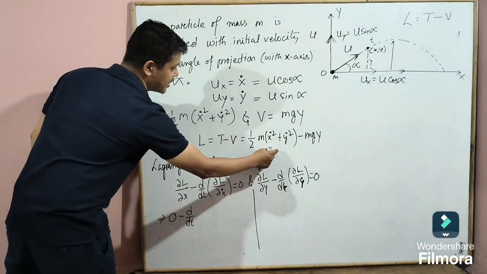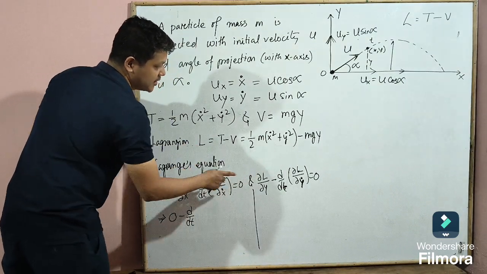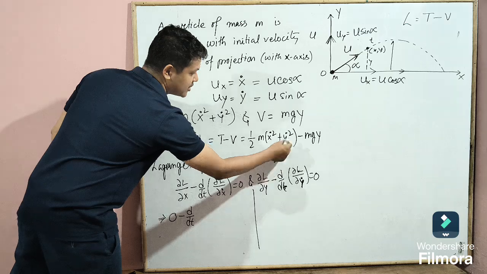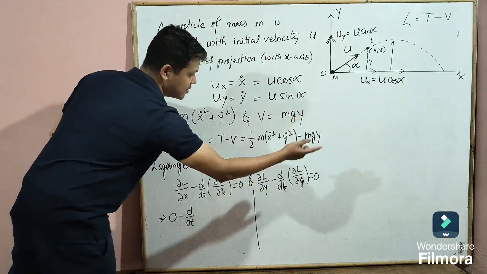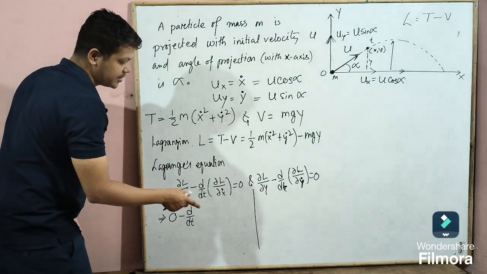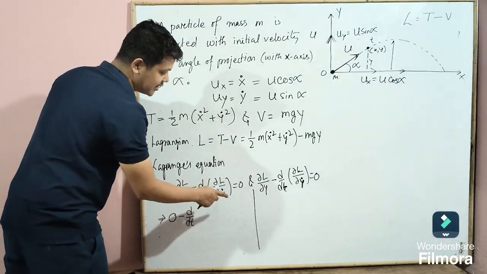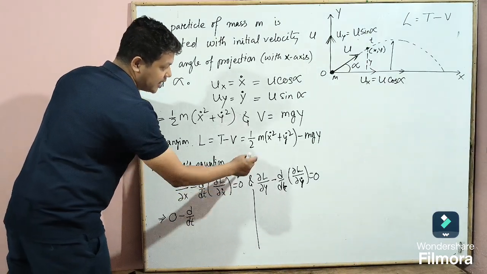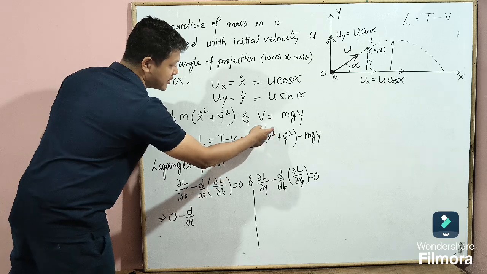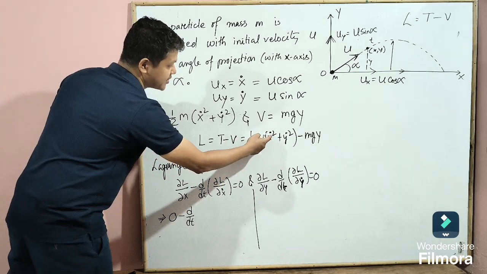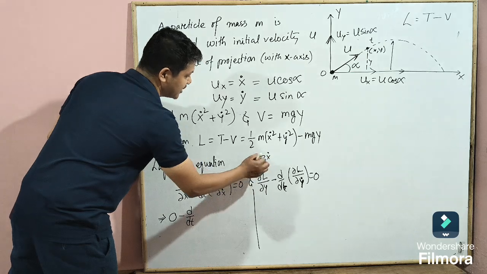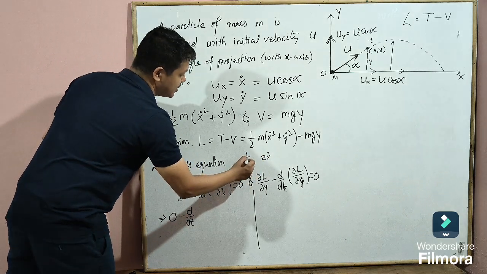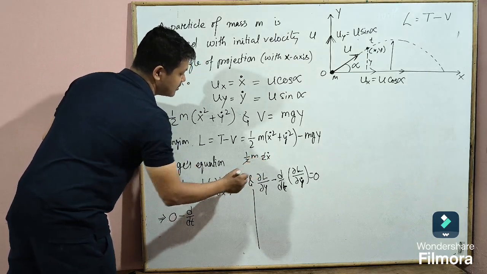If you differentiate partially with respect to x dot, the terms containing y dot square and y become 0, and we have to differentiate only this part. Differentiating x dot square with respect to x dot gives 2x dot, and the 2 is cancelled with the half.